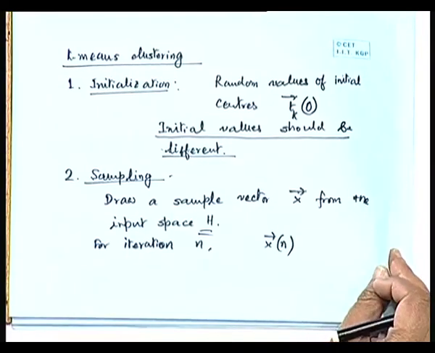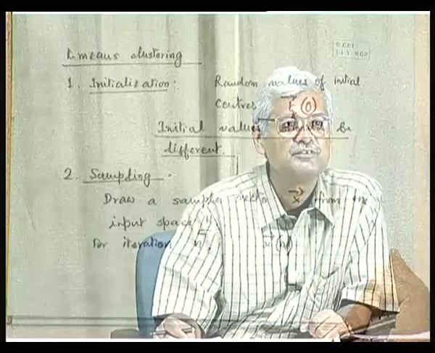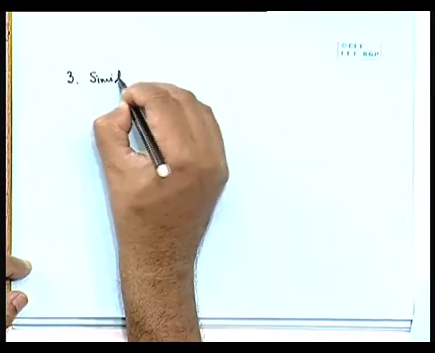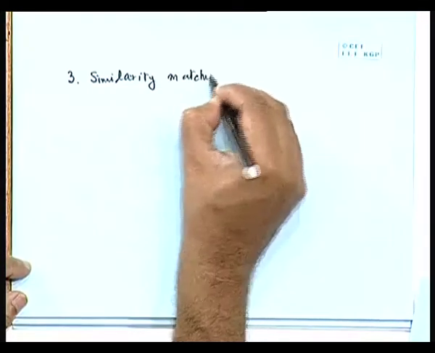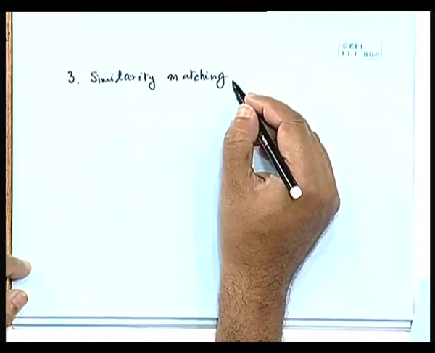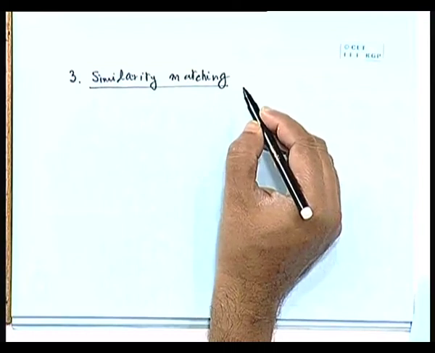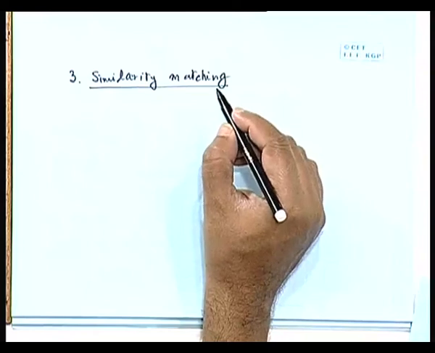Next, the third step will be what? I think you can guess that the third step will be a computation of distance, or a computation of similarity in the distance. In other words, we can call this similarity matching. In this case we have to determine the index of the winning center.